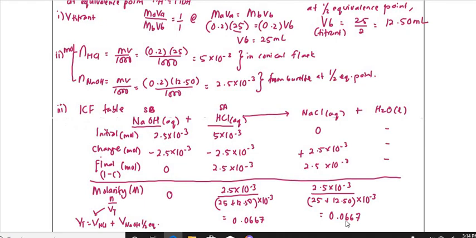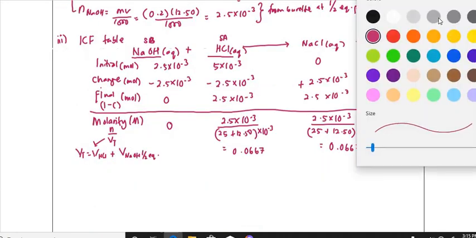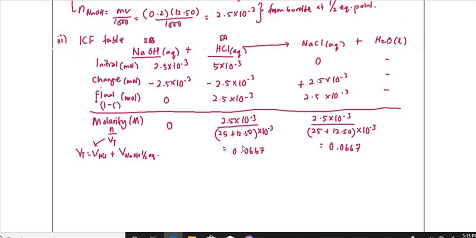Okay. After you get this, okay, you comparekan molarity yang tinggal, bermaksud yang berbaki di dalam conical flask ada 2 molarity, iaitu molarity daripada HCl dan molarity daripada NaCl.